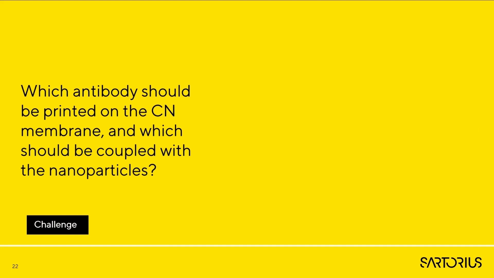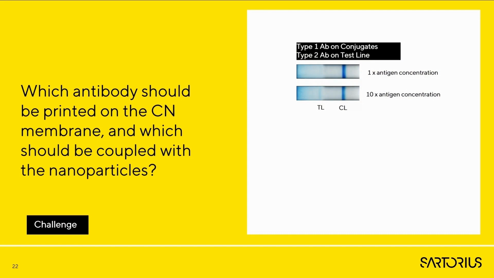During assay development, one of the most common questions is which antibody should be printed on the CN membrane and which should be coupled with the nanoparticles. Here we first couple type 1 antibodies on nanoparticles and stripe type 2 antibodies on the test line.